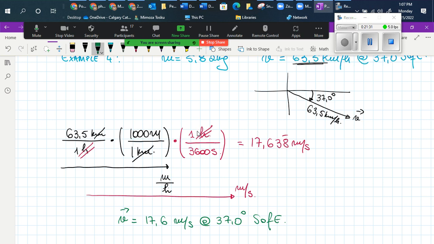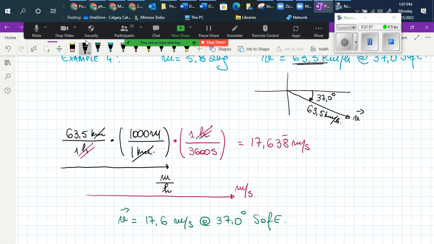However, the rounding is always done at the very end. So this will be something that I would ask if I'm asking you simply what is the conversion from kilometers per hour into meters per second. But in the case when we have to calculate momentum, the rounding will happen at the very end.